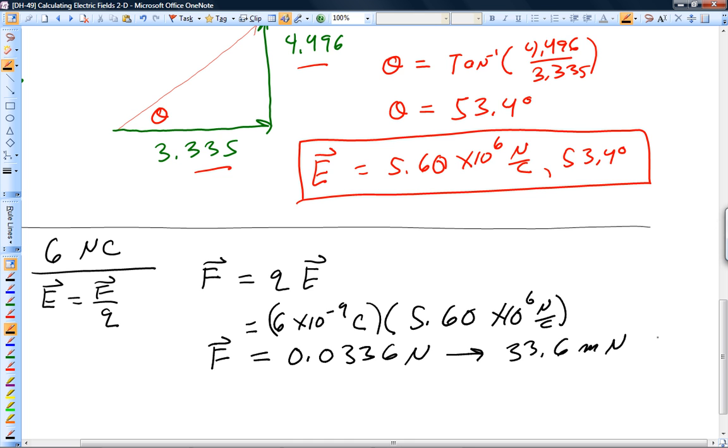And the direction is going to be the same as the direction of the electric field. The reason it's going to be the same is because it's a positive charge. The electric field tells us the direction of the force a positive charge would feel.